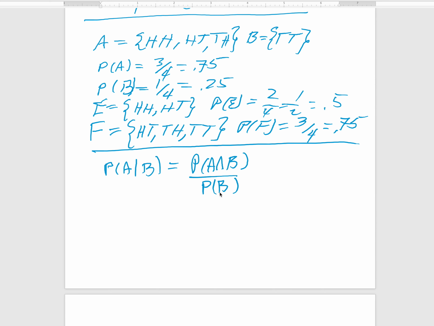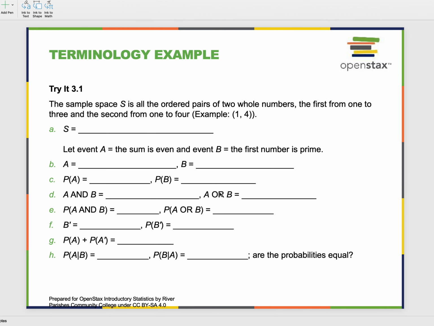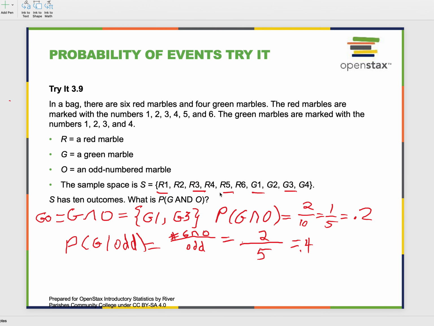So if you go back to our other example, let's go back here and look at this. What's the probability of green and odd? What do we say that was? That's going to be 2 divided by 10.